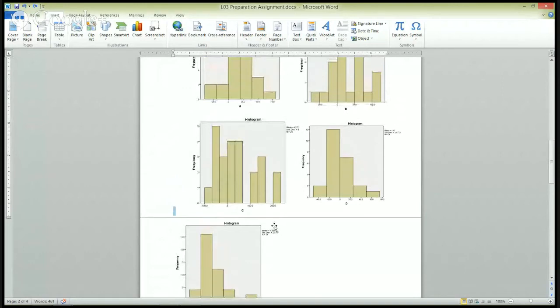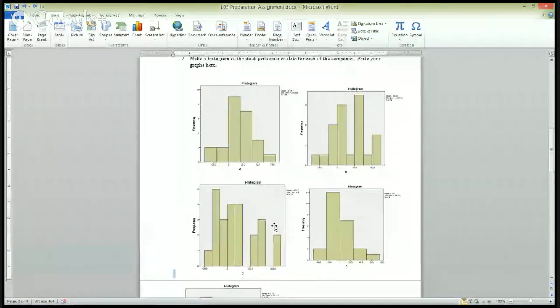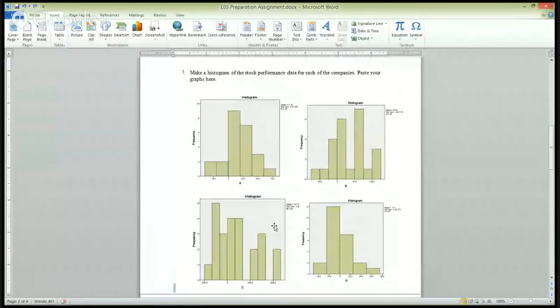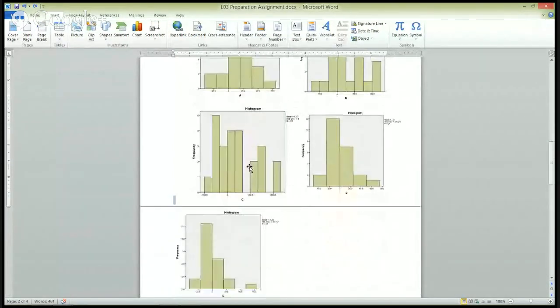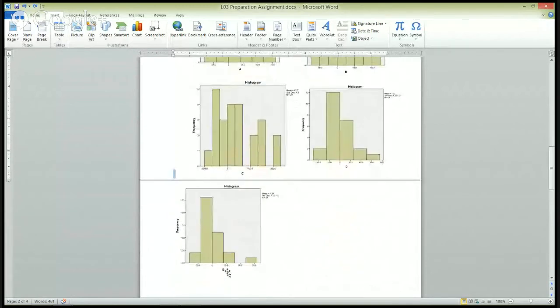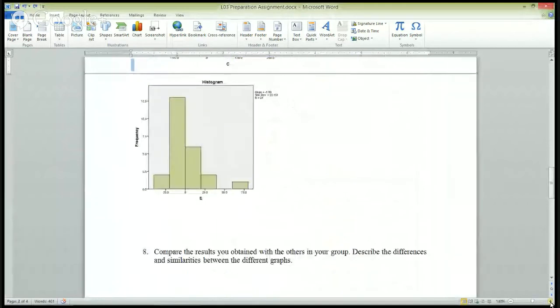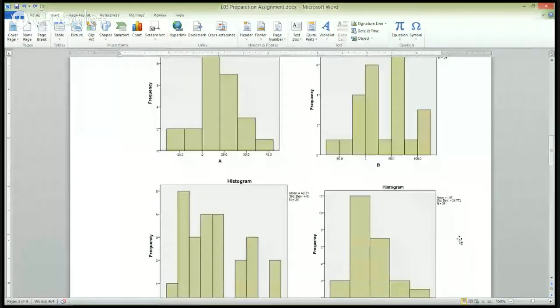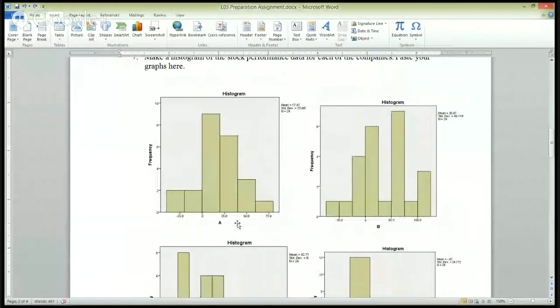That's just what popped up on the histogram. So what are the bottom numbers on the histogram for A? Negative 25, 0, 25, 50, 75.